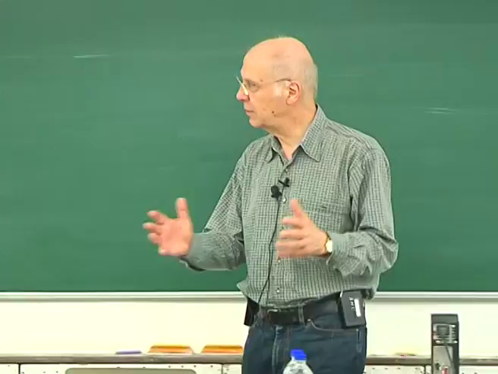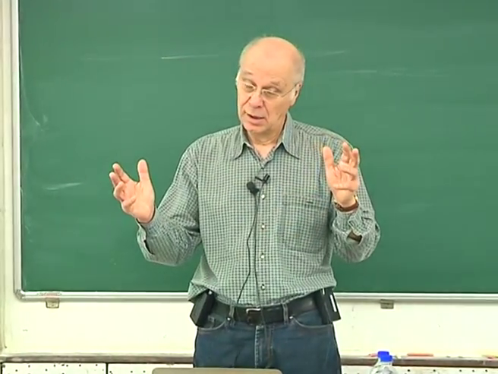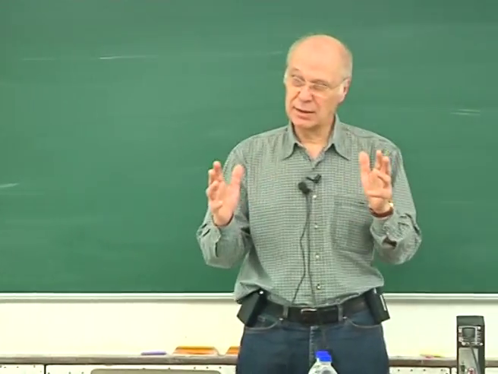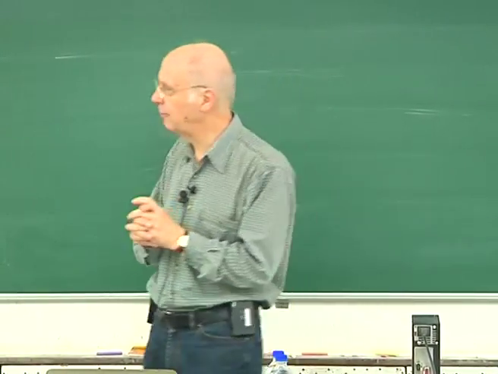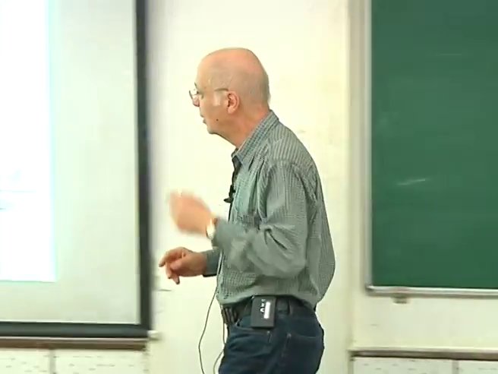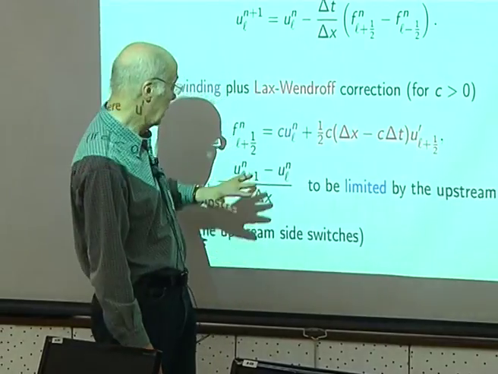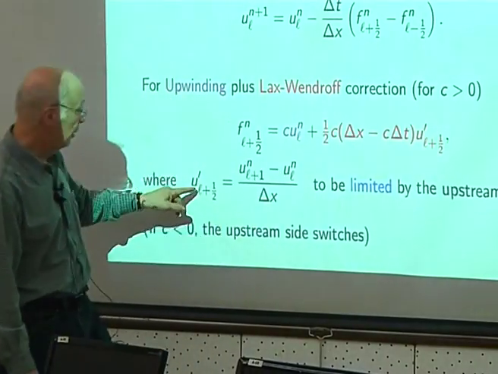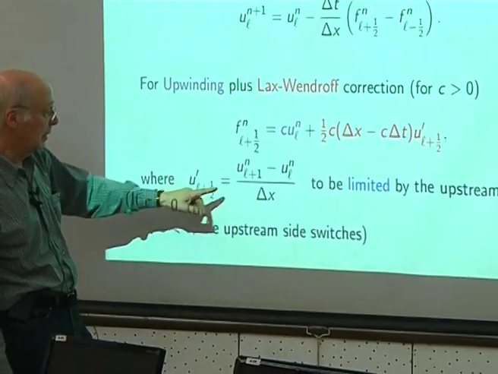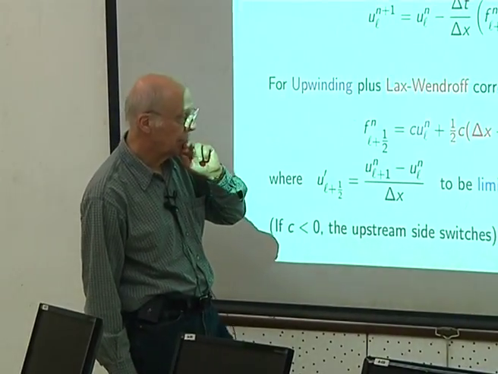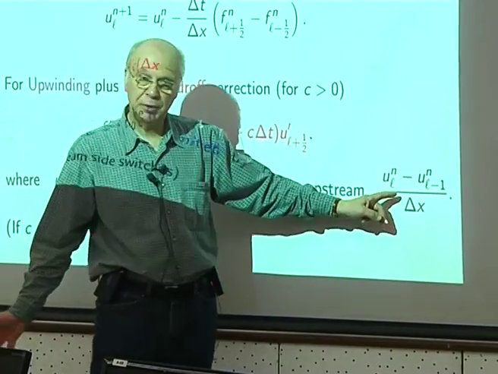The Lax-Wendroff uses the divergence of the gradient. You saw a second order correction, a second order derivative, go in. So the red part, the second order correction, is going to use the spatial derivative at L plus a half, but limited by the spatial derivative before.